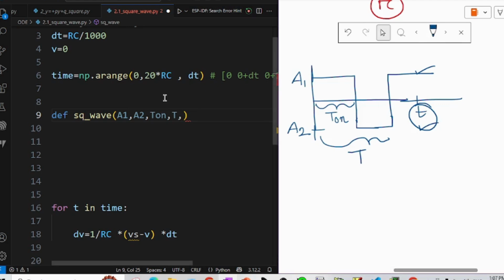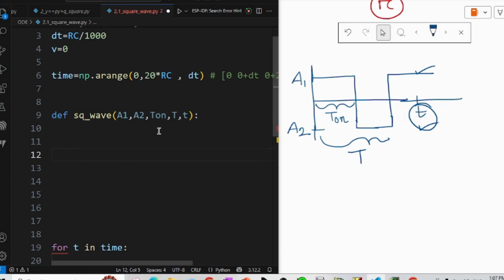So you also have to send the instantaneous time. So let's see what will happen inside this function.